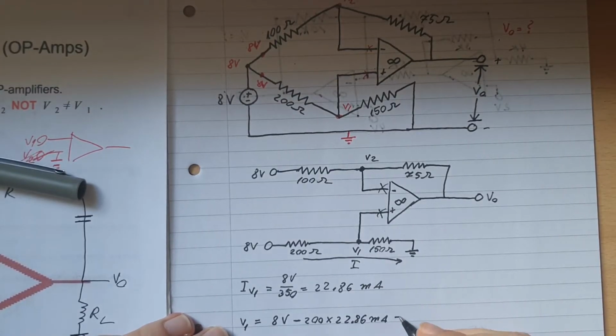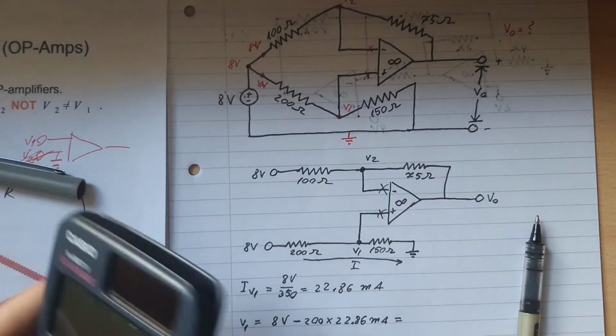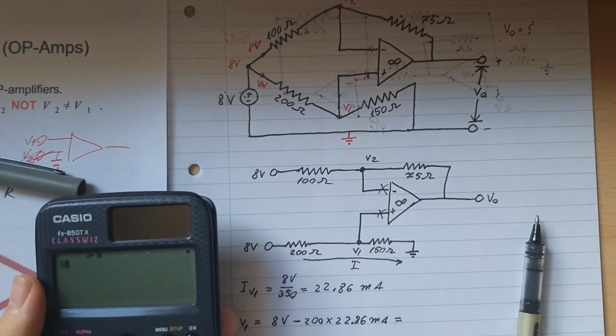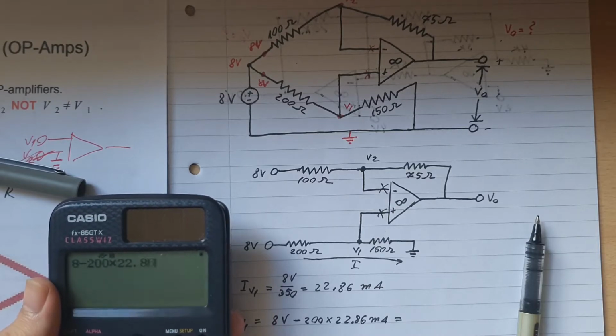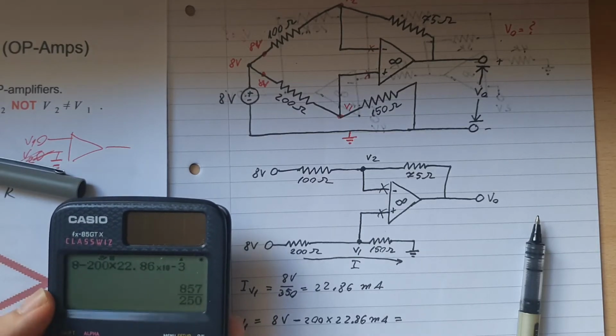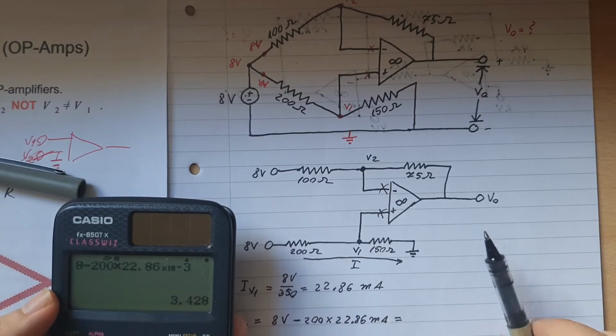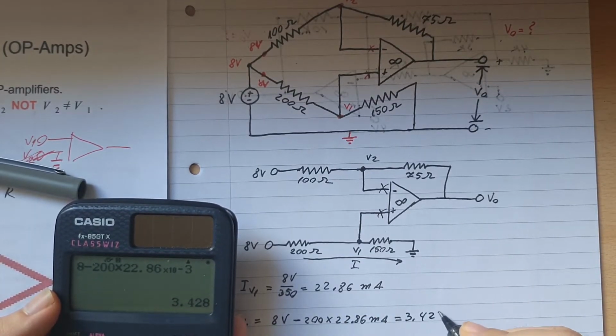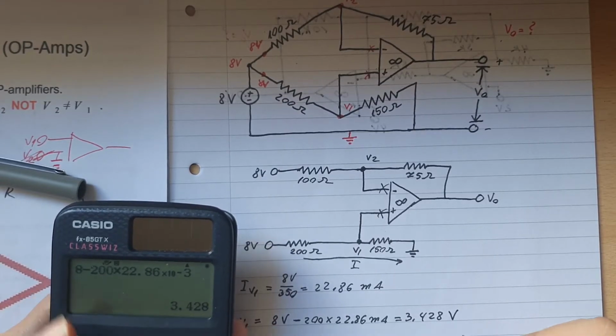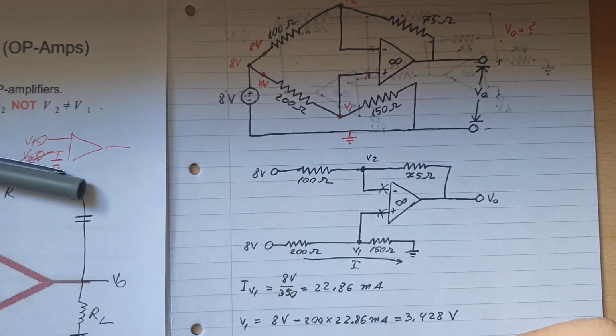So 8 minus 200 times 22.86 times 10 to the minus 3 is equal to 3.428 volts. Nice, so that's the voltage inside V1.